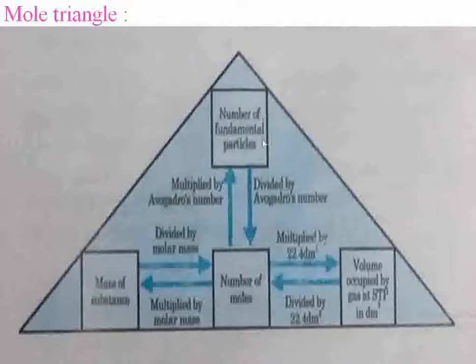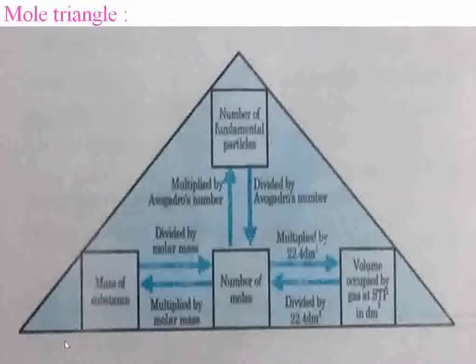Third, the number of fundamental particles is interconvertible with the number of moles: multiplying moles by Avogadro's number gives the number of fundamental particles, and dividing the particles by Avogadro's number gives the number of moles.